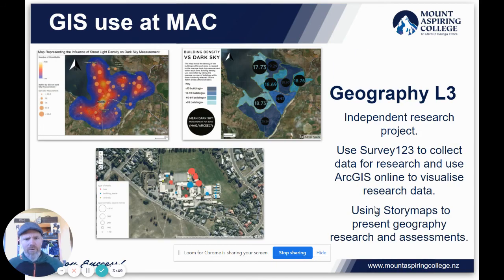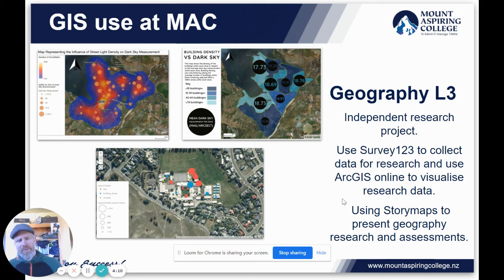All right, at level 3, we run an independent research project, and this generally involves the use of Survey 123 to collect data for research and use of ArcGIS to visualize the research data, and then story maps to present it. They use all sorts of different contexts.